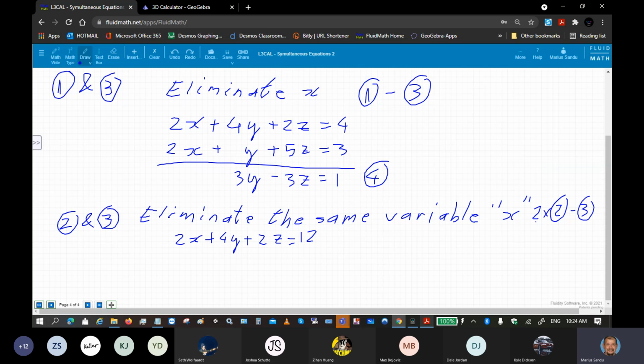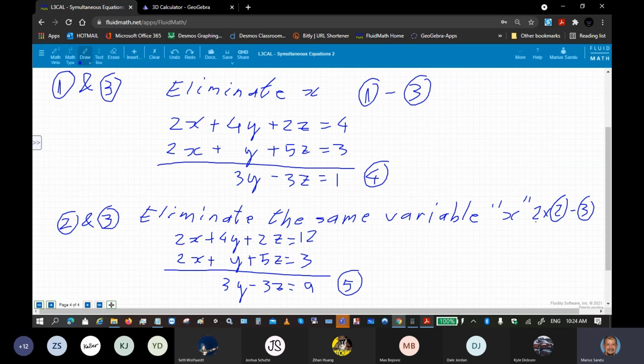And number 3 is 2x plus y plus 5z, and that is equal to 3. Subtract them from each other, and I'll have 3y minus 3z is equal to 12 minus 3, which is 9, and that is equation 5.